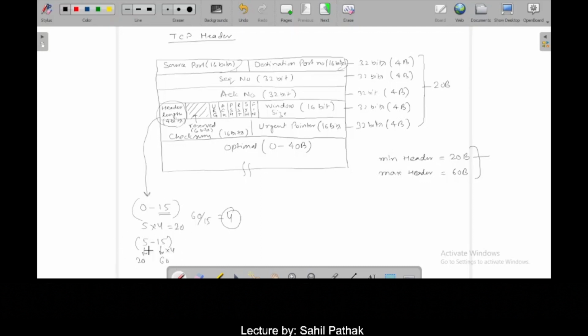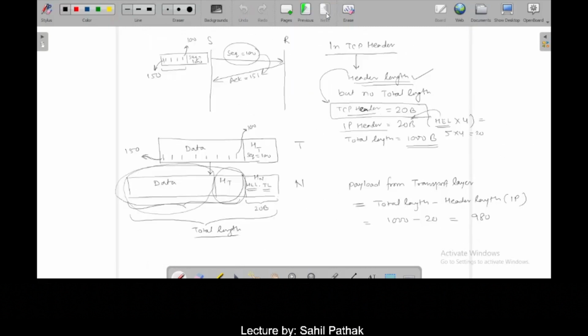Okay, so it works in the same manner that we have done in the IP header part. Okay, now coming to the example. So this was the example. So let's say आपका यहाँ IP header में भी header length जो है आपके पास जो given है वो let's say 5 है. If you multiply it by 4, you will get the header size 20 bytes.